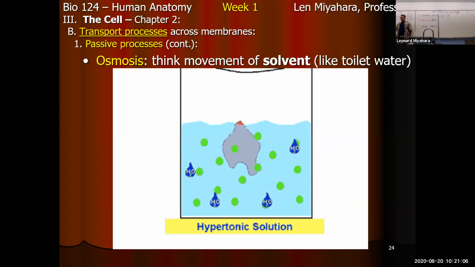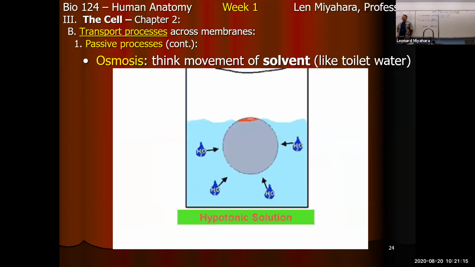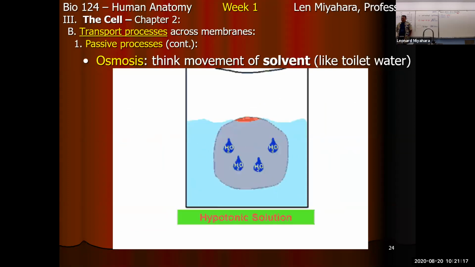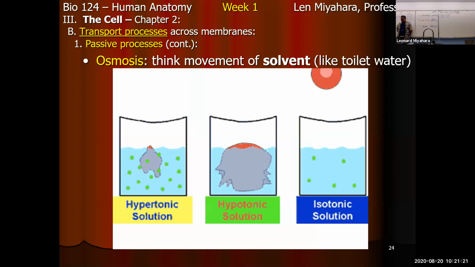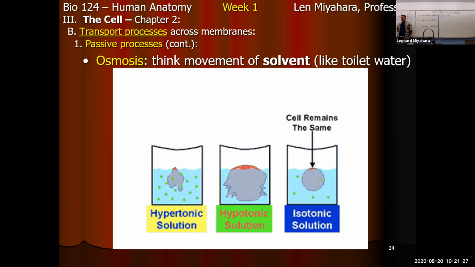Hypertonic means there's more salt than inside the cell. Hypotonic means there is less salt than inside the cell, or less solute. Could be anything osmotically active. And iso means same. If you wear contact lenses, your wetting solution is isotonic. Otherwise, you're unhappy.